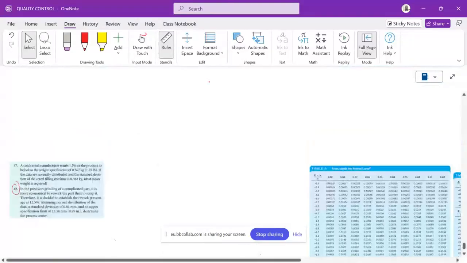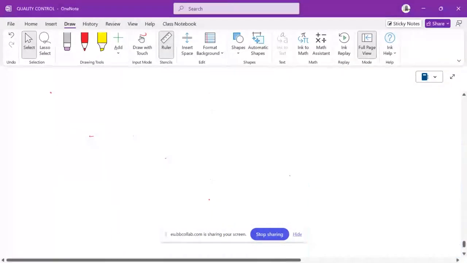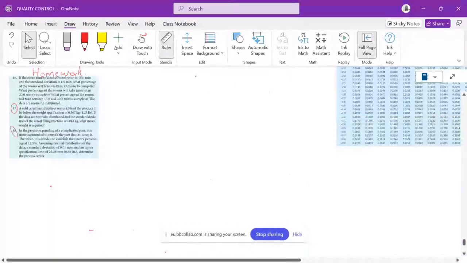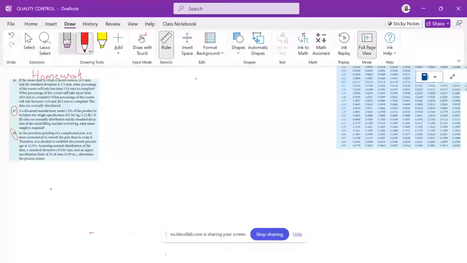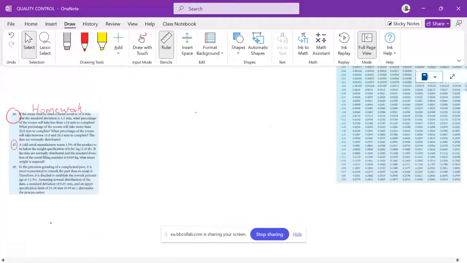No, except 48. 48, I'll do it with you. But exercises 46 and 47, those are your homework. So I'll erase this.